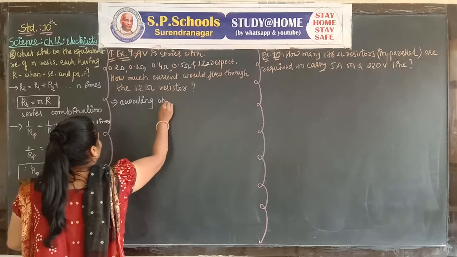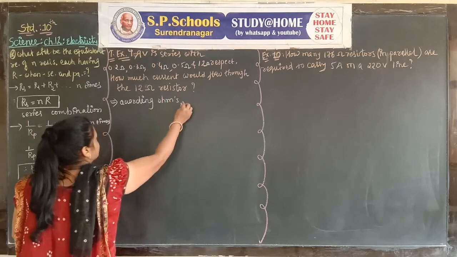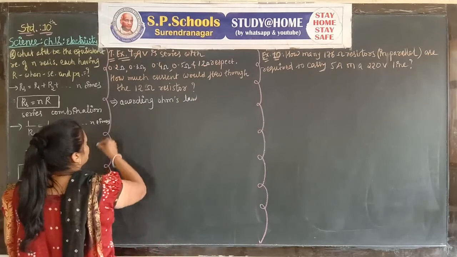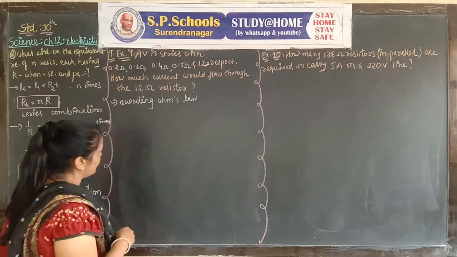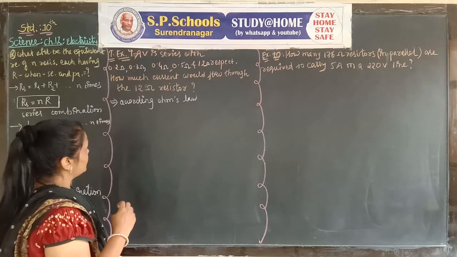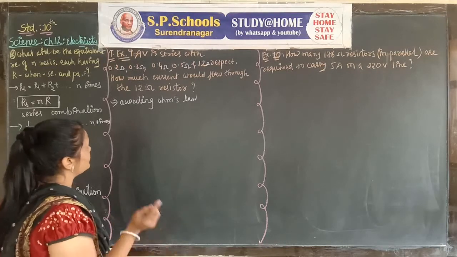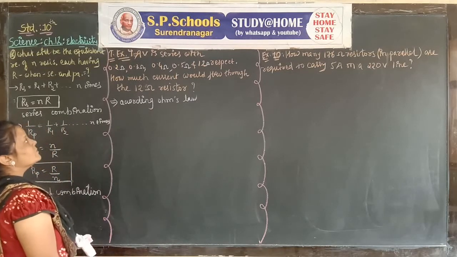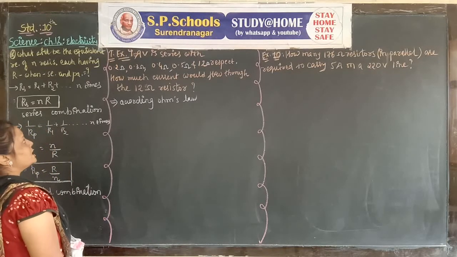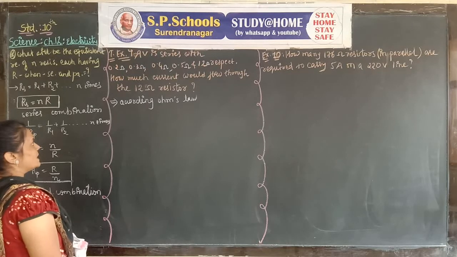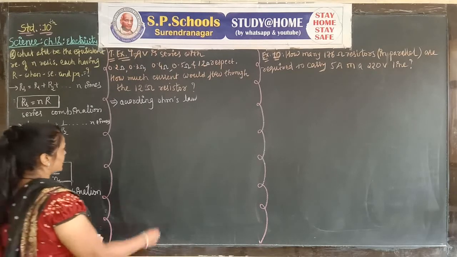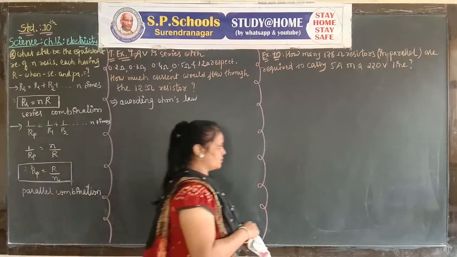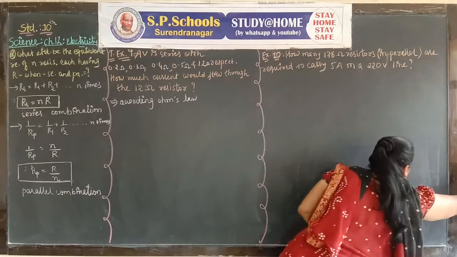According to Ohm's law, first we take the resistance of all resistors. In the information it is already given that all resistances are connected in series, so first we find the total resistance, then we apply Ohm's law.